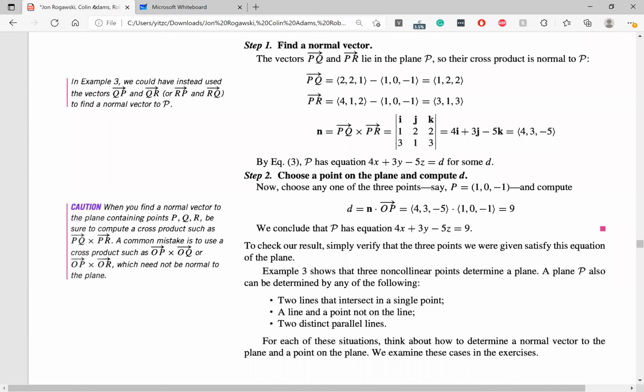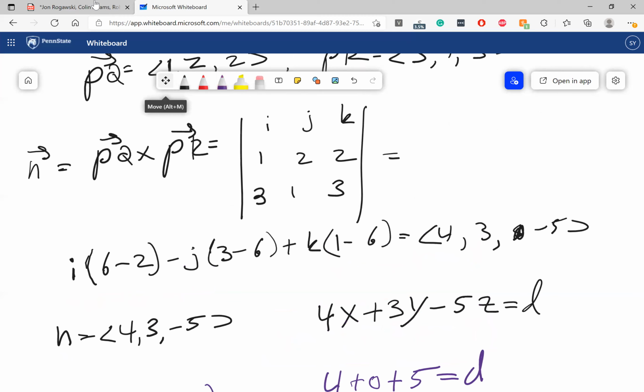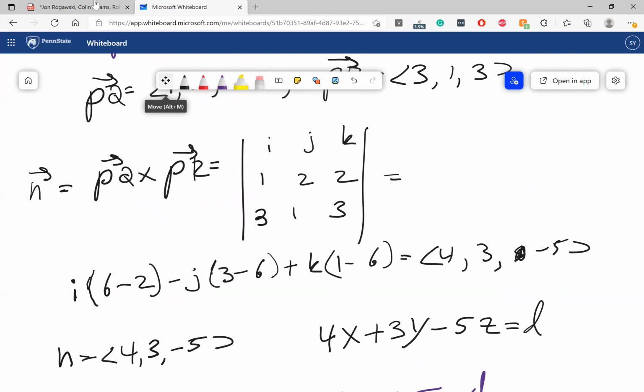Okay, in order to verify that this equation contains our 3 points, let's take the point Q, which is the point 2, 2, 1.